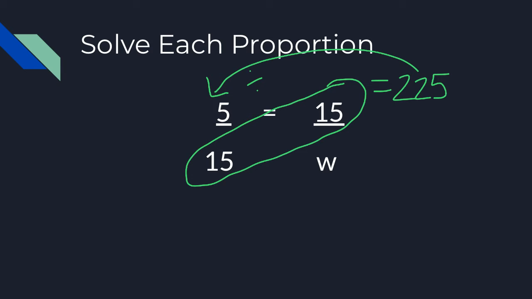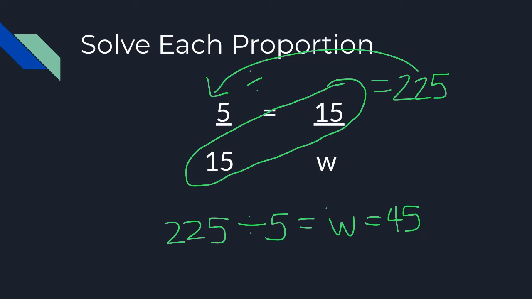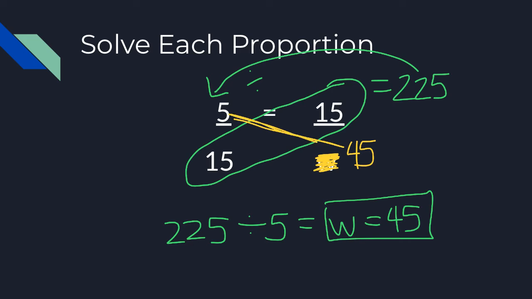So you would take your cross product, divide by the only other number you see based on the algebra we just did in the other slide. And 225 divided by 5 means that W equals 45. And you can check that. You could put, instead of a W right here, you could put a 45, and you could check that 5 times 45 equals 225.